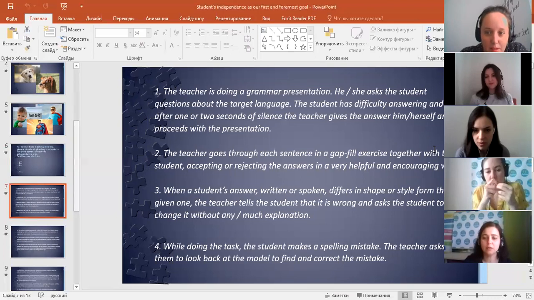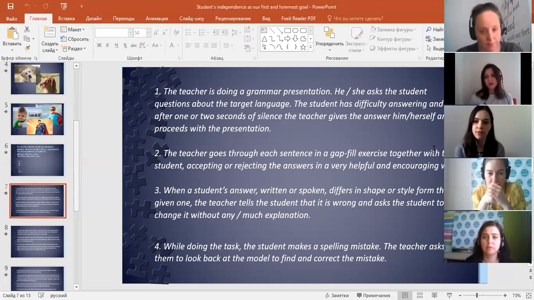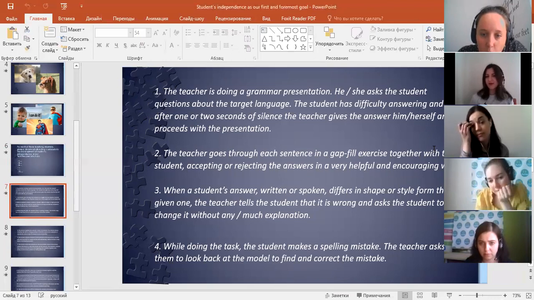Okay, what about number 2? I think it's also not correct, because we can give a chance to a student to do this gap fill activity and not do it together. And here everything is done together. What type of practice is number 2? Isn't it practice for accuracy? So if it's for accuracy, we should correct them, right? To accept or reject answers.